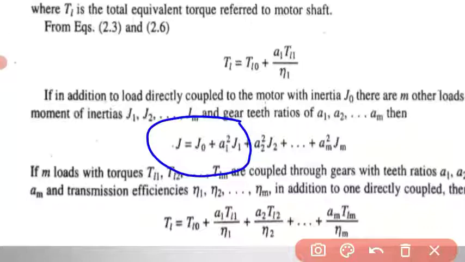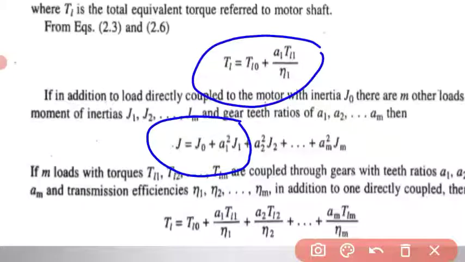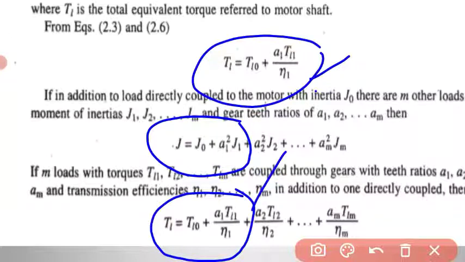And for the load torque, you can see here, TL is equal to TL naught, plus, since only one load apart from the directly coupled one is connected through the gearing system, A1 TL1 by neta 1. If another load is connected through another gearing system, with teeth ratio A2 and efficiency neta 2, it continues up to the last one.